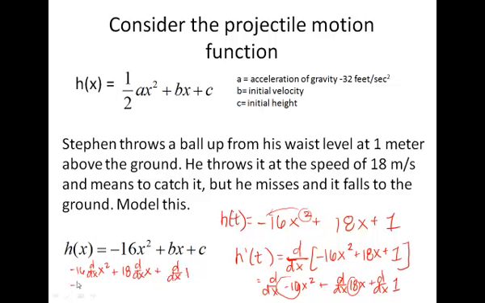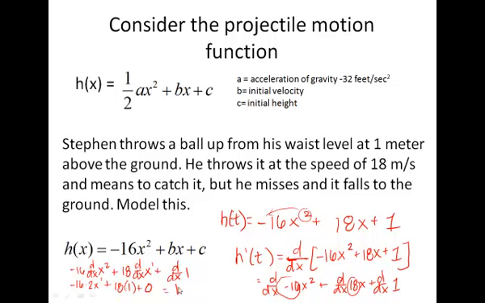Now this would be negative 16 times 2x to the first, because I'm going to use the power rule, plus 18 times, I'm also going to use the power rule here, but what you're going to start to get used to is that an x is just going to become 1, because you drop that 1 down, x to the 0 would be 1, so 18 times 1 plus 0.